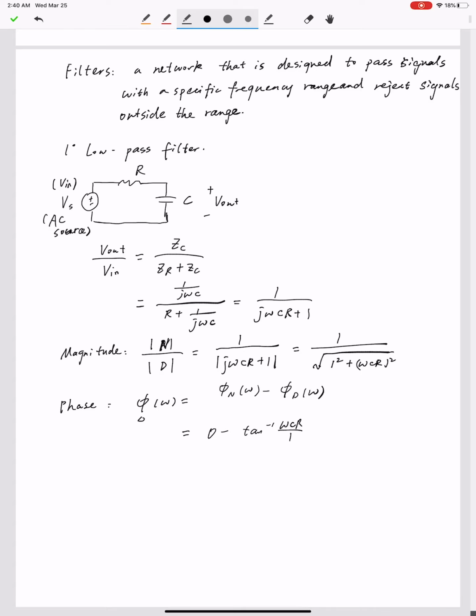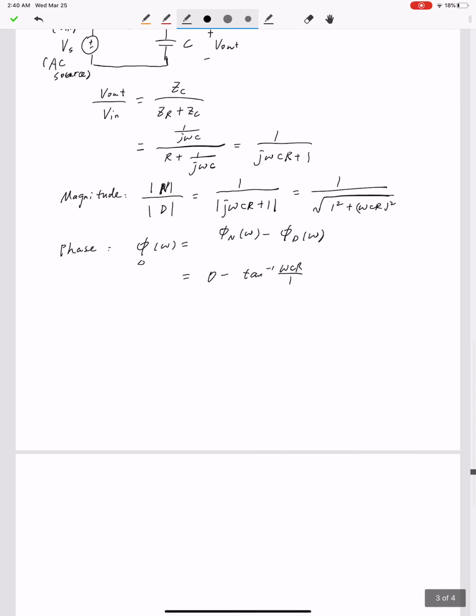Alright, so let's show the plot of these two variables. Let's first find the plot of the magnitude. To do the plot, you can use MATLAB, and that will automatically give you the plot.